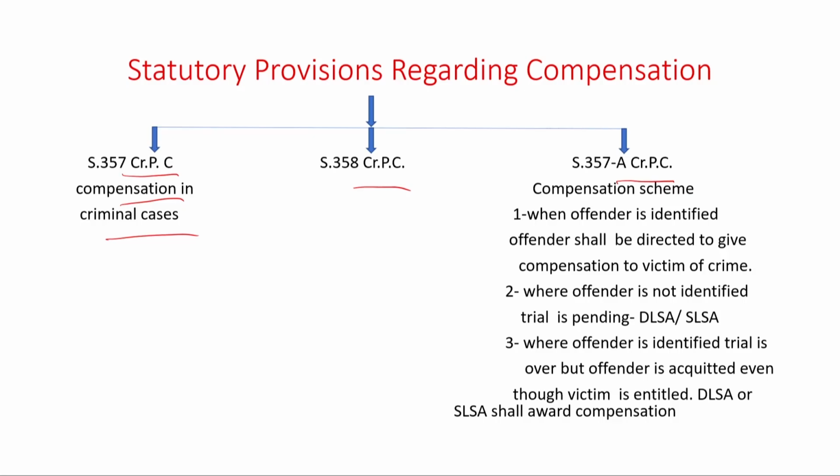So 358 CRPC is of very little significance, you can say. Section 358 CRPC talks about compensation where a person is arrested without sufficient reason.